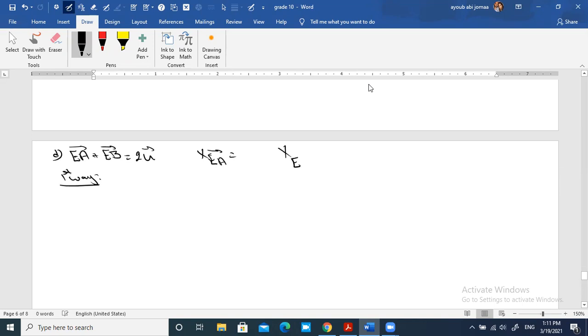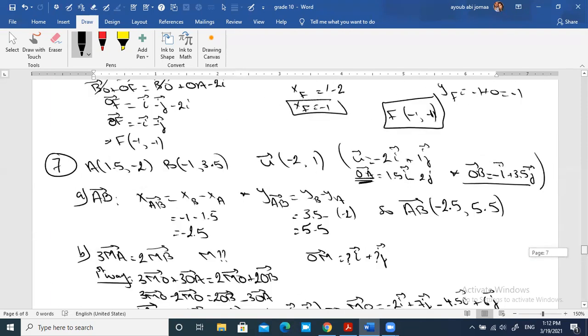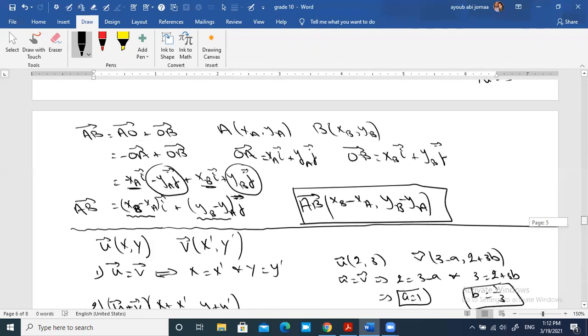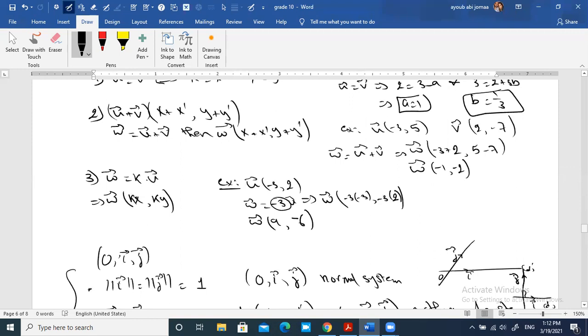x of EA plus EB, isn't it x of EA plus x of EB? Where is the rule? If you have two vectors u and v, the components of u plus v are x plus x prime, y plus y prime.